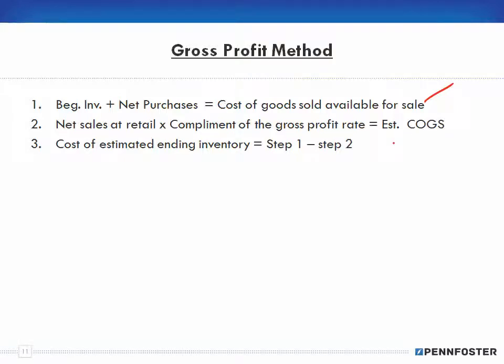So how are we looking at that? Well, you're taking your net sales at retail and multiplying by the complement of the gross profit rate. What's the gross profit rate? Think about it. Our net sales we had as 100%, and then we take out our cost of goods sold.